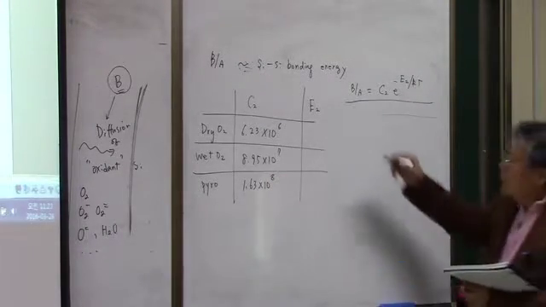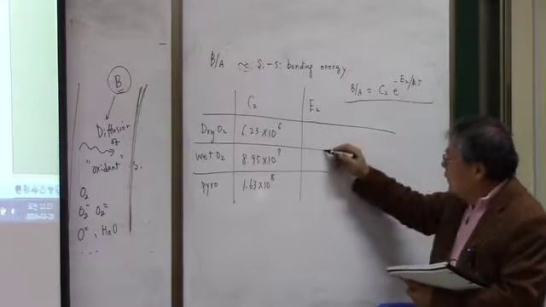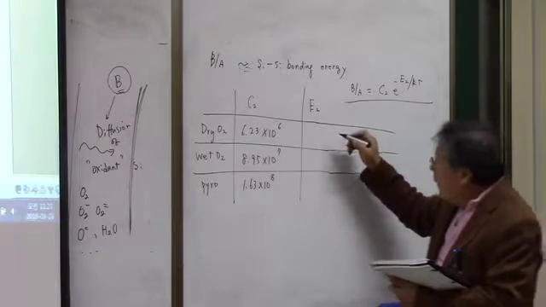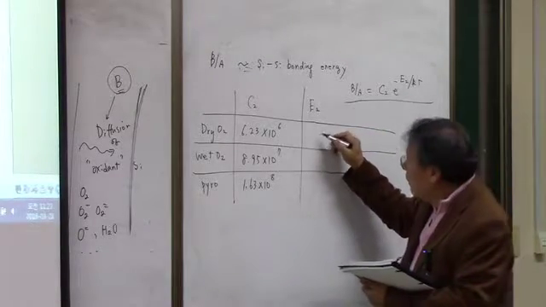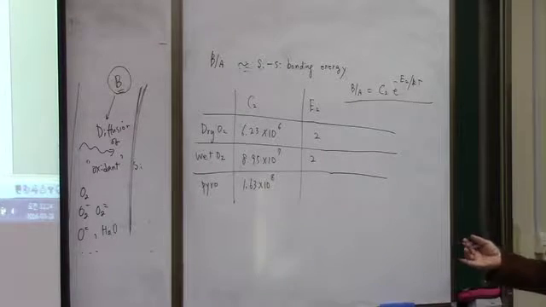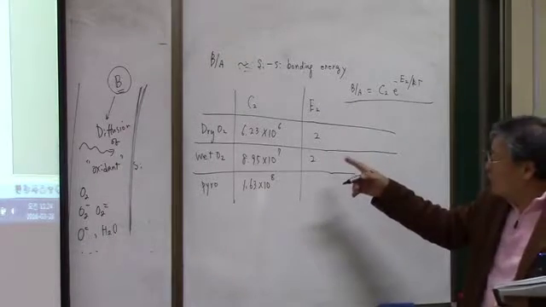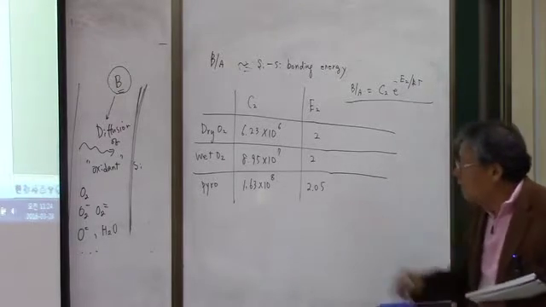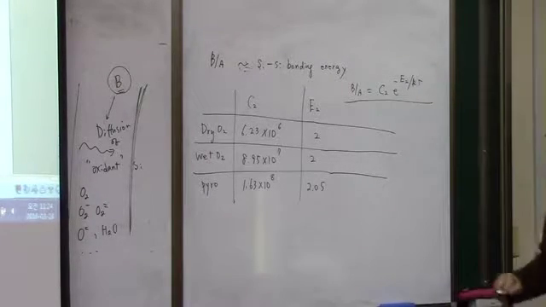Well, different values for the rate constant and the activation energy, dry oxidation, wet oxidation, it doesn't care. It's the same energy, 2 electron volts, and it's almost the same, 2.505.